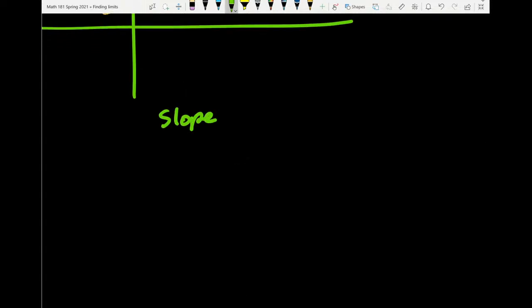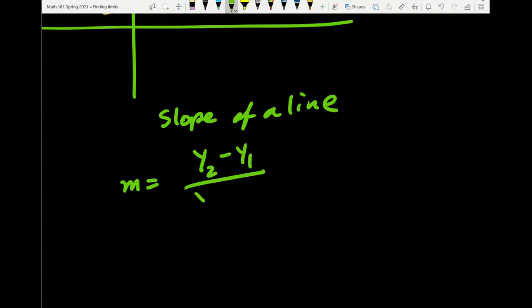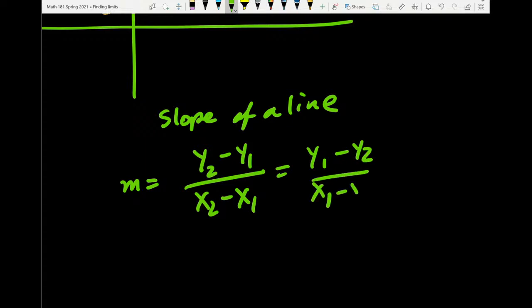Slope of a line. What's the formula for the slope of a line? The slope, we use the symbol m. It's y2 minus y1 over x2 minus x1, or some of you wrote it as y1 minus y2 over x1 minus x2.